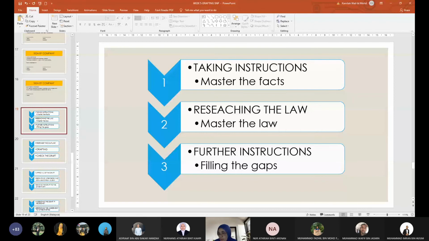Researching the law, kita tengok transaksi tu ada berkaitan dengan apa lagi selain daripada sale and purchase. Contohnya ada element of the parties tu ialah administrator of the estate. So ada berkait dengan undang-undang probate and letter of administration. Ataupun kita tengok tiba-tiba tanah tu adalah tanah FELDA. So mungkin kita kena check lebih dalam what are the guidelines kalau kita nak berjual beli dengan tanah FELDA.